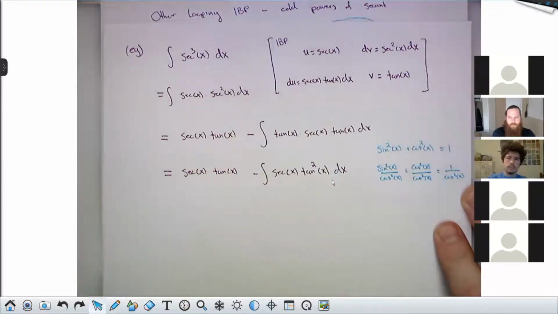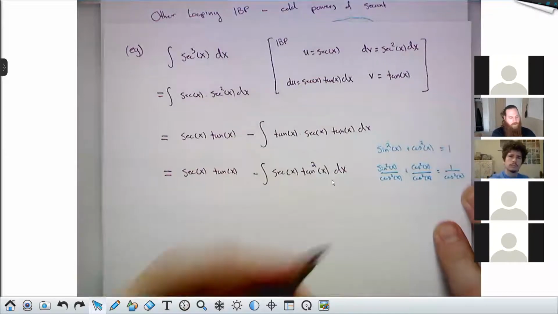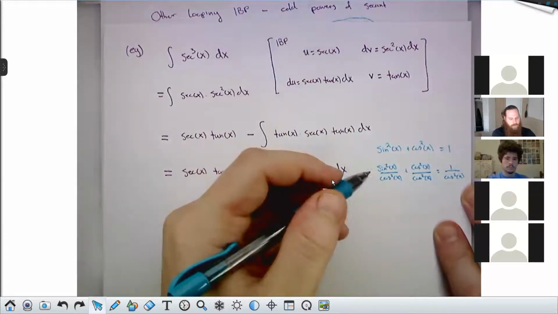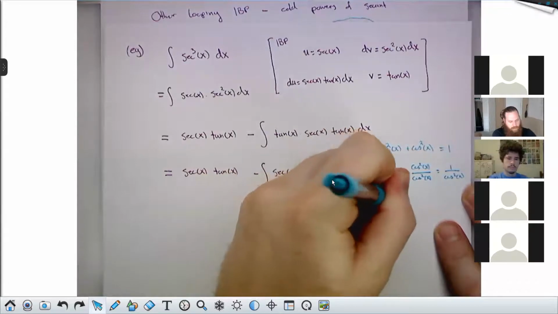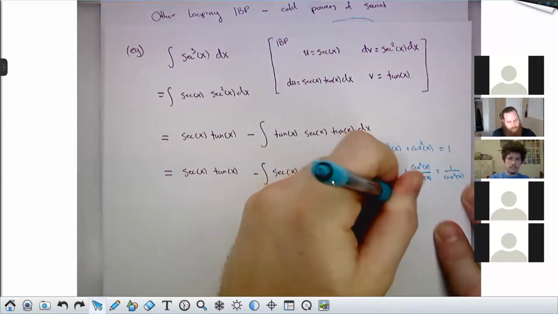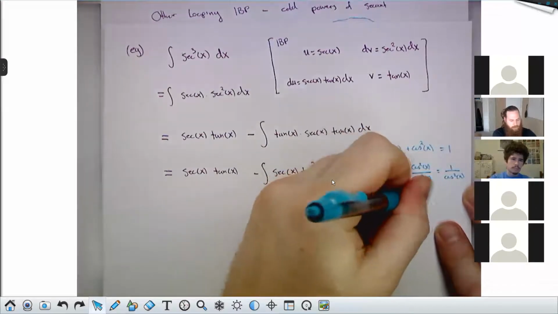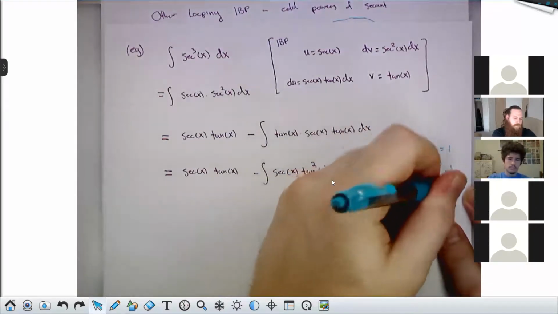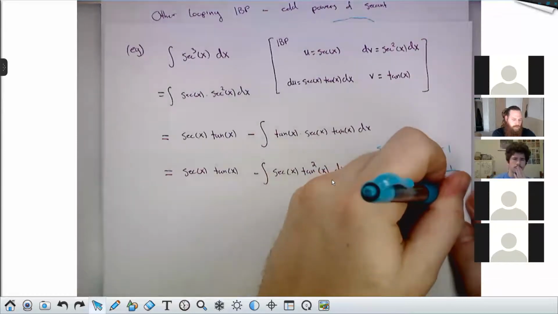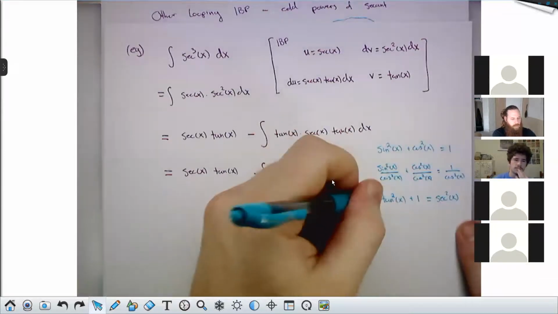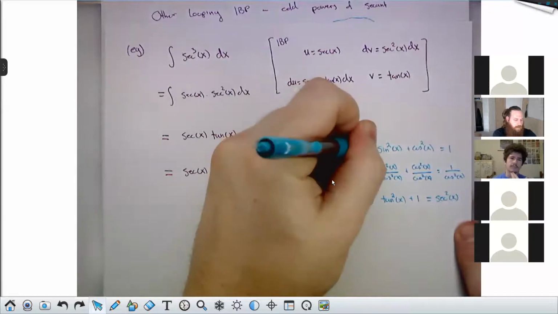Rewrite these using the reciprocal identities. Sine squared over cos squared, like you said, that is the same as tan squared. Cos squared over cos squared is 1. And 1 over cos squared is secant squared.